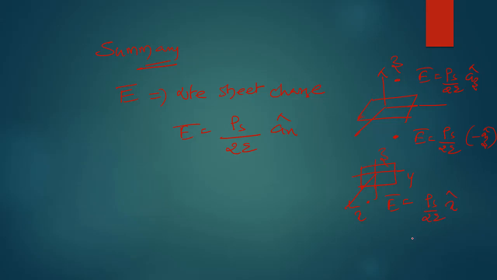If you want to calculate the electric field towards the negative x direction, then you are going to get a minus x cap. Like this you will get a x cap or minus a x cap, whatever. So what did you understand here? Anyway, the electric field is perpendicular to the sheet, and based upon the orientation of the sheet, the perpendicular direction will change. So in general we will give here a n cap, normal to the sheet.